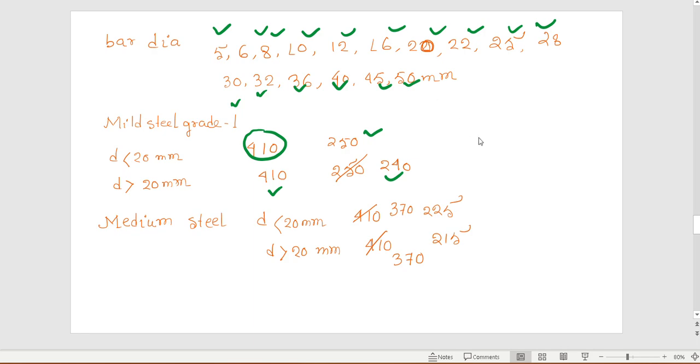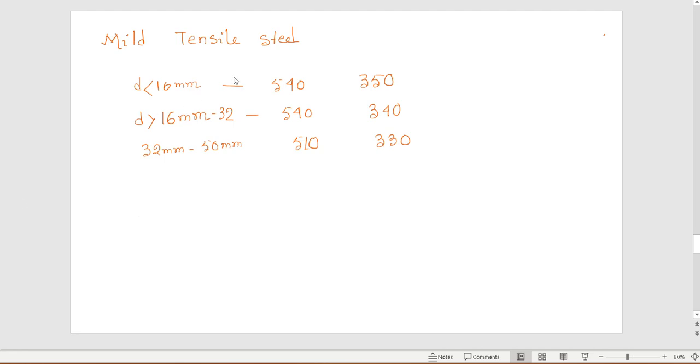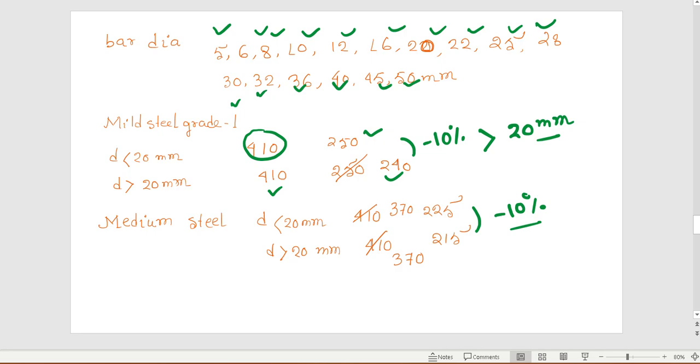So if we increase the diameter by 20 mm, more than 20 mm, the A5 value is decreased, and here also the 10% A5 value is decreased. In case of mild steel, here we are discussing about grade 1.